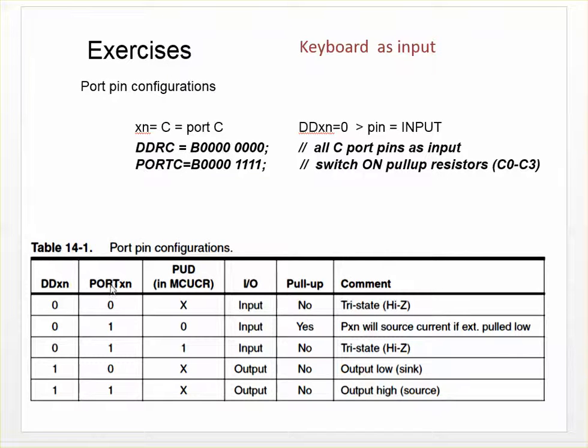And here's the table which shows what kinds of possibilities we have for the configuration of each individual I/O pin. And here's the data direction register. It's the same data direction register that we were using in our output exercise, but now we are setting the data direction register bits to input.